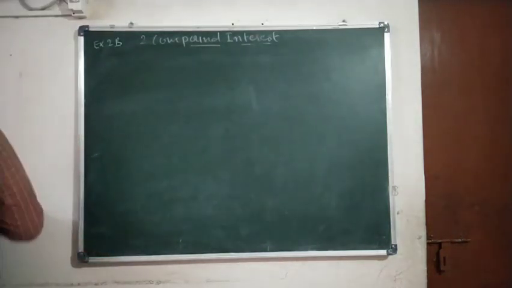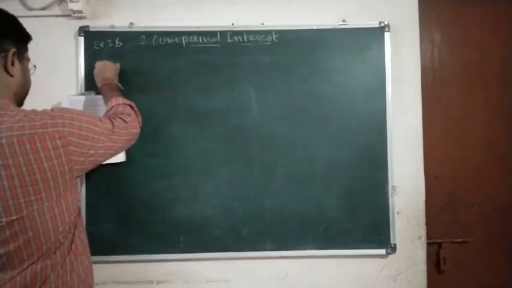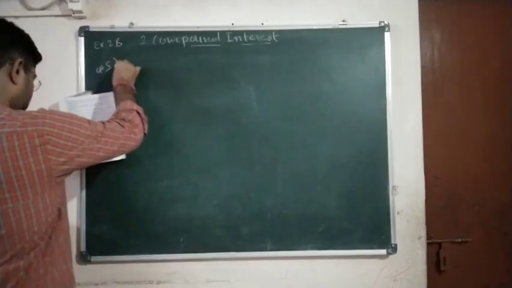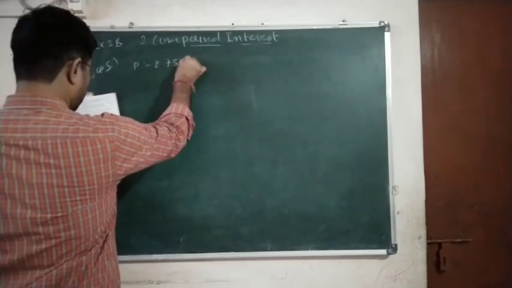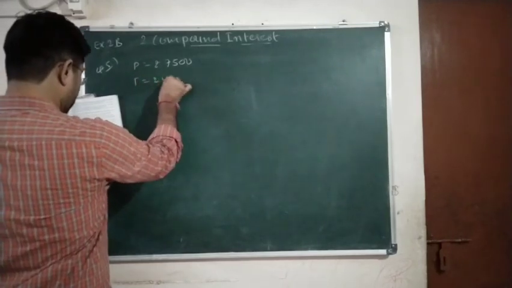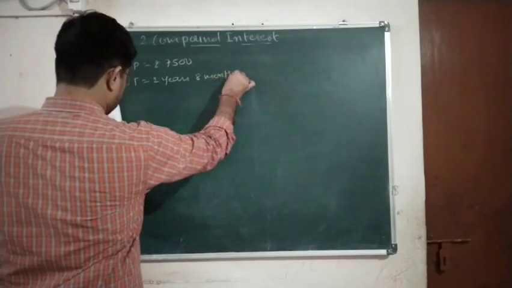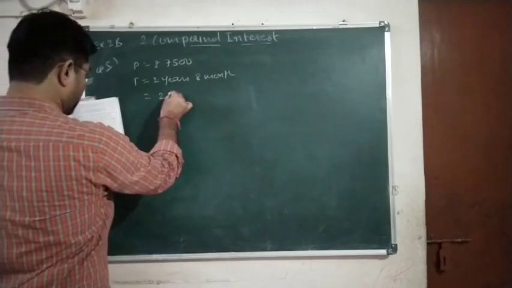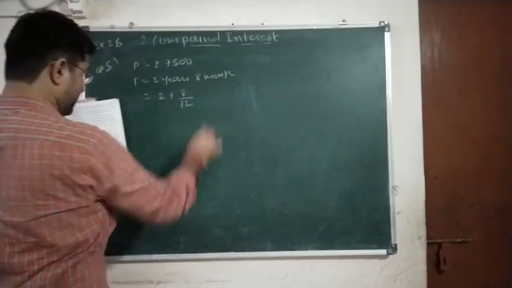Okay, so question number 5. Principal is rupees 7,500. Time is given 2 years 8 months. That is 2 years and 8 months will be converted as 8 by 12. Yes or no?